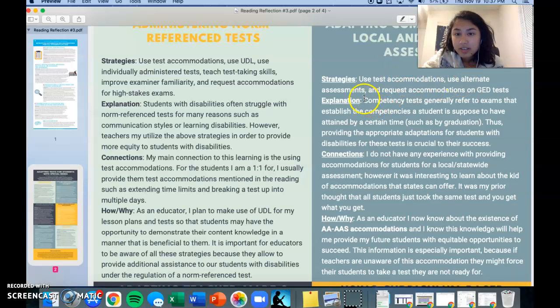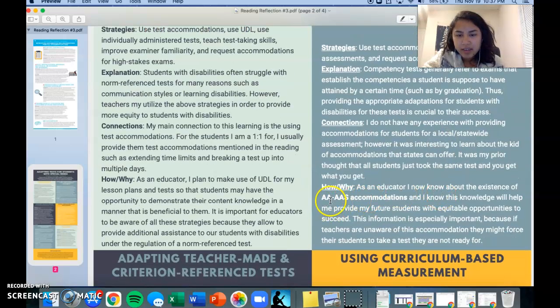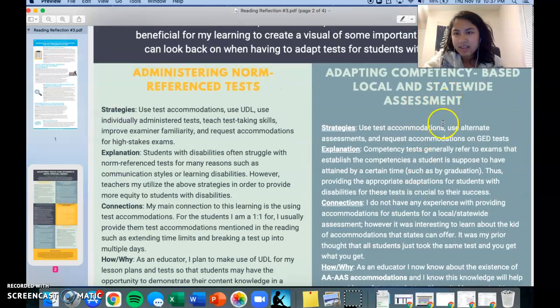There are alternative assessments. They can request accommodations for the GED test when it comes to graduation. So it's really interesting, especially these AAS accommodations. I hope to use this knowledge to better help my students with disabilities make sure that, in the eyes of the state, they are definitely competent.